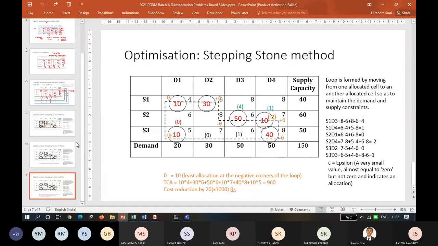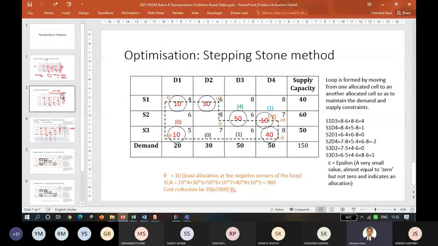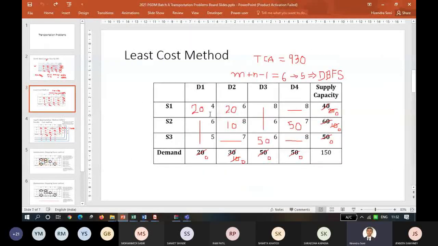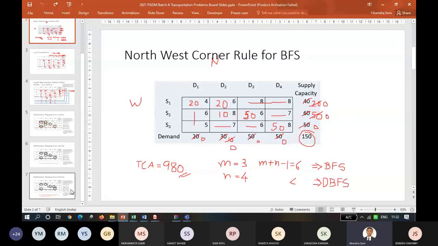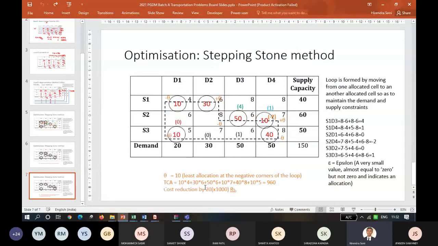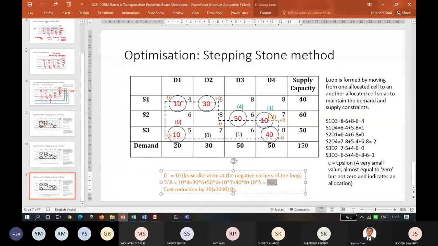We started with this solution, which was the northwest corner rule method. There the total cost of allocation was 980. What we achieved yesterday was a cost reduction by 20, so it has reached 960. We'll see whether the cost reduces further using the stepping stone method.